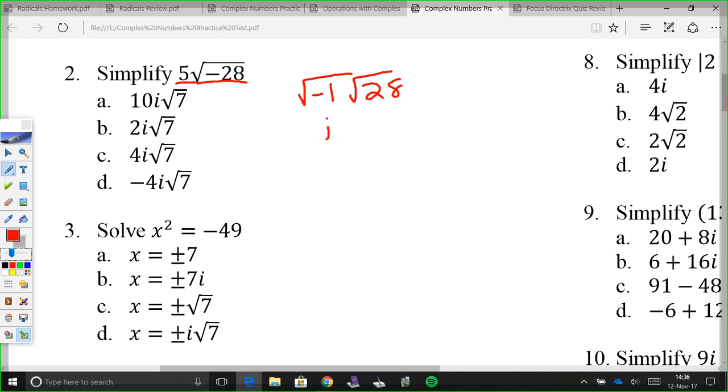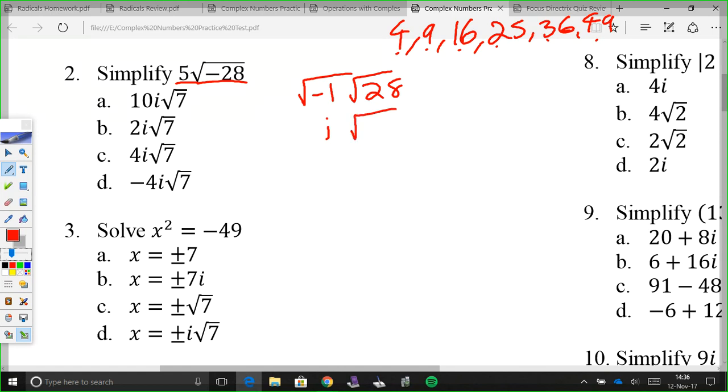The 28, however, is not a perfect square. You remember our perfect squares: 2 times 2 is 4, 3 times 3 is 9, 4 times 4 is 16, right? You keep that going, you get 25, 36, 49, etc. Right? 28 is not among those. It's not a perfect square. So we try to break it up into one of these perfect squares and then some other number.